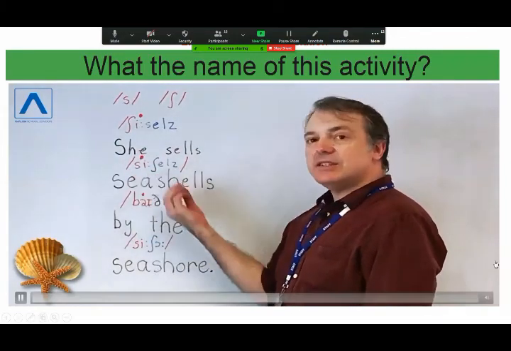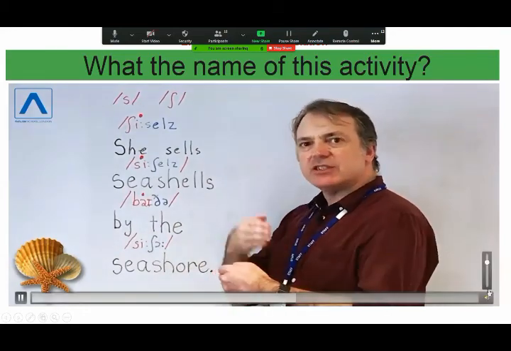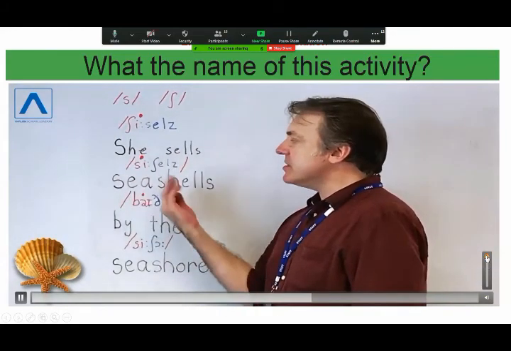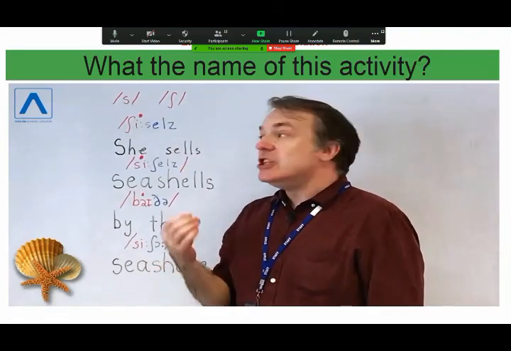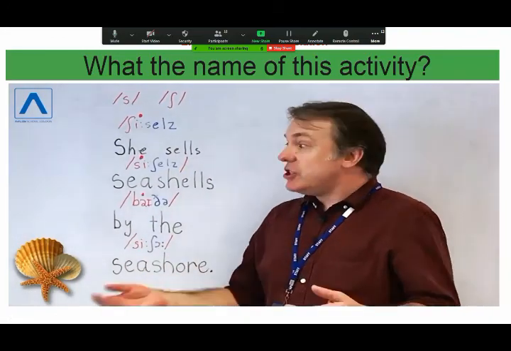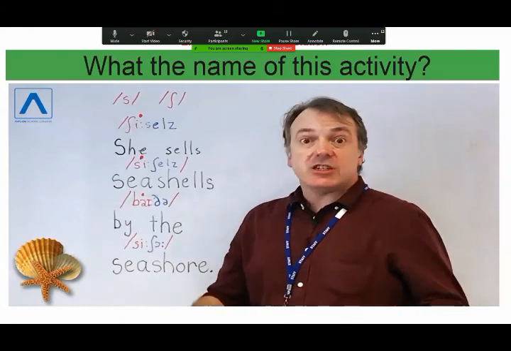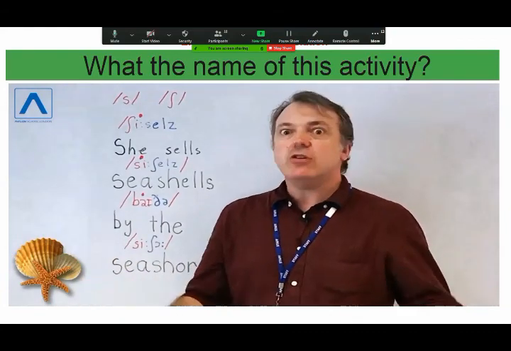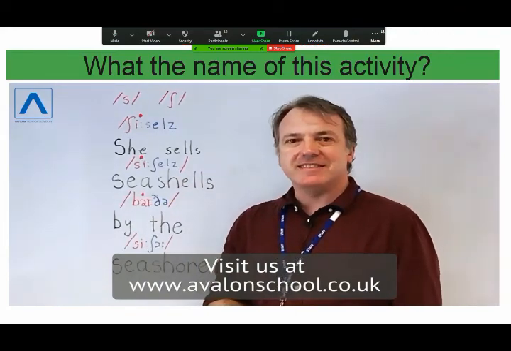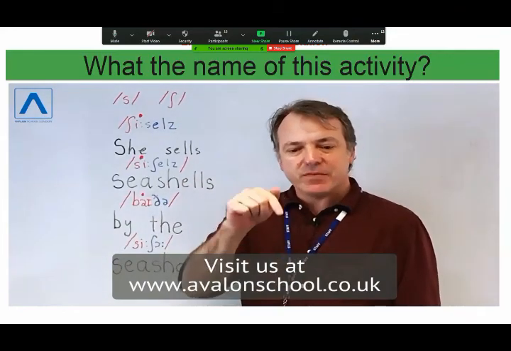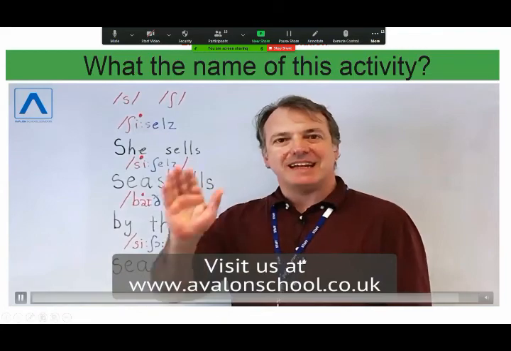She sells seashells by the seashore. That's just next to the sea. She sells seashells by the seashore. She sells seashells by the seashore. She sells seashells by the seashore. She sells seashells by the seashore. She sells seashells by the seashore. She sells seashells by the seashore. Okay, rewind if you want to practice again. Click the subscribe button, comments and questions below, and see you next time.